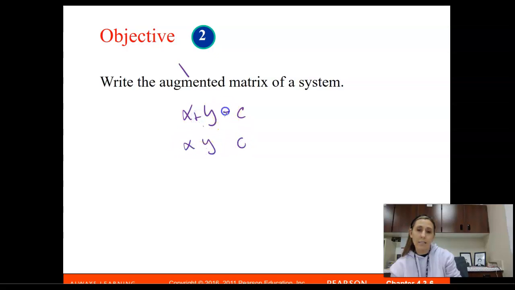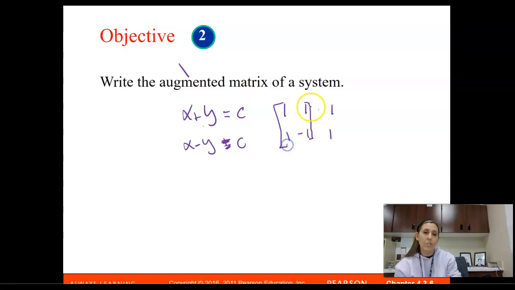So if we had that, we would turn that into a matrix by doing 1, 1, 1, and this would equal 1, -1, 1, and this would be matrix A, which was our coefficients. We would have x and y right here that we're multiplying, and it would equal this.